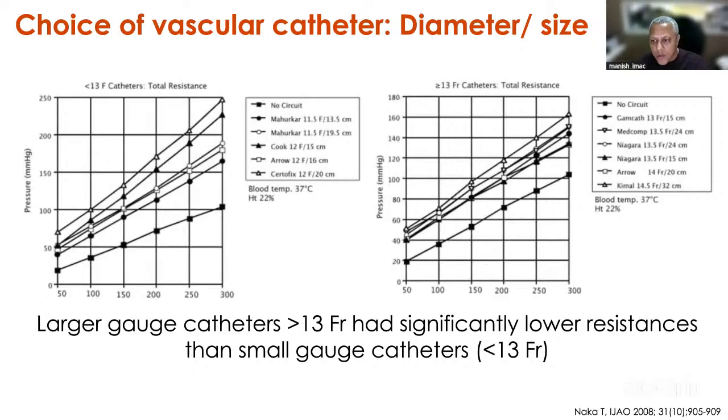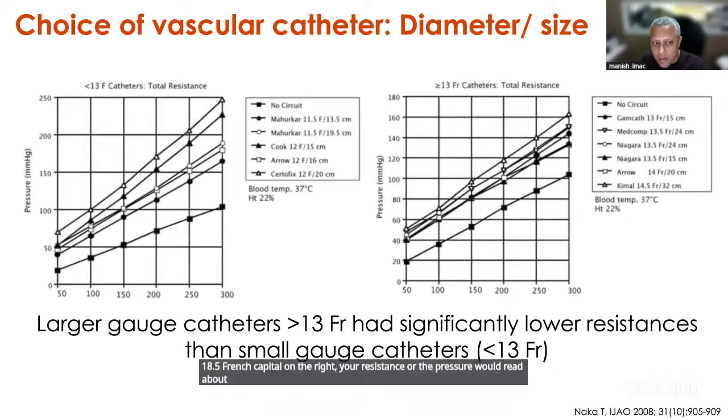So for example, if you took a blood flow of 300 and used a 14.5 French catheter on the right, your resistance or pressure would read about 160 millimeters of mercury.